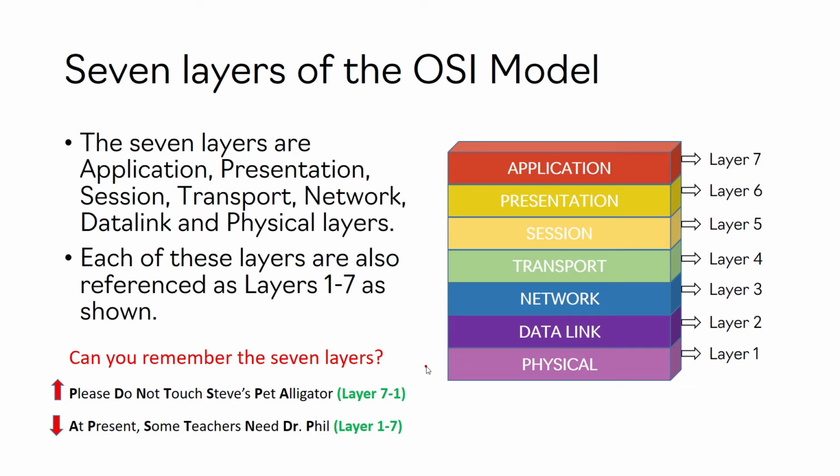If you're starting from layer 7 down to layer 1, it says, All People Seem To Need Data Processing. At present, some teachers need Dr. Phil. But if you're going from layer 1 all the way up there, it says, please do not touch Steve's pet alligator. This would help you to remember each of the layers of the model.